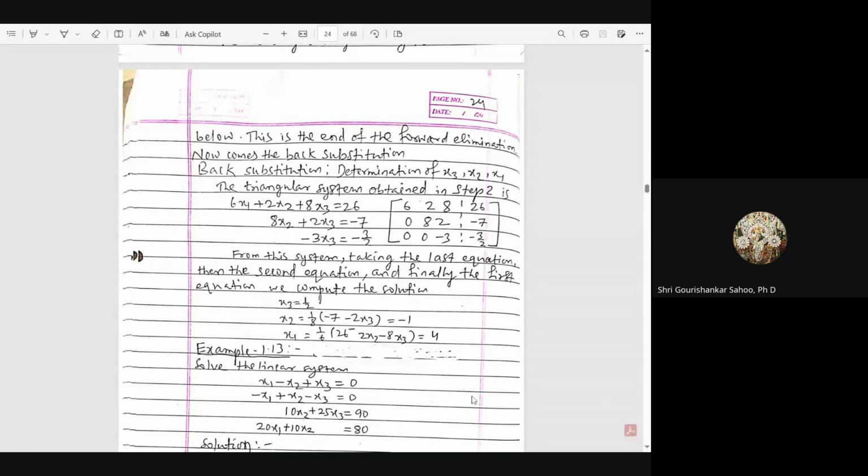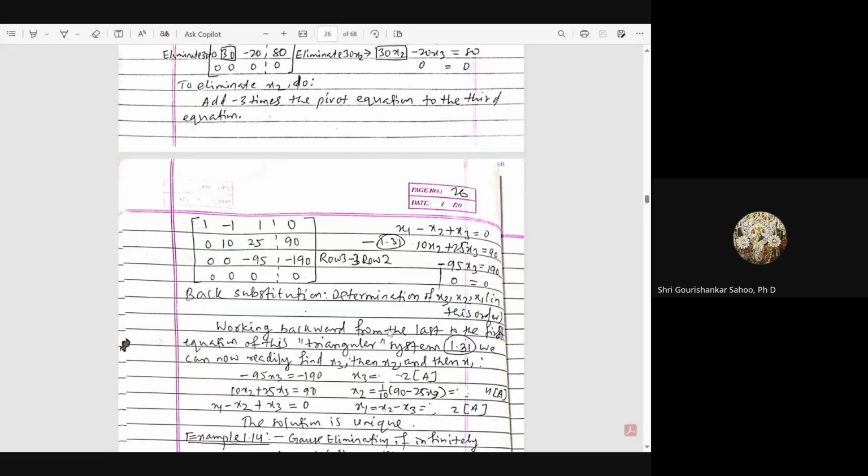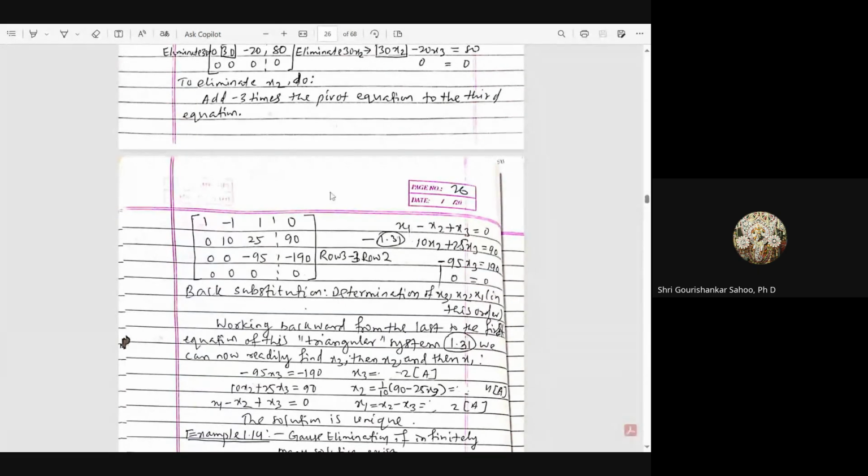Similarly, you can solve linear equations as shown on the screen: x1 minus x2 plus x3 is equal to 0, minus x1 plus x2 minus x3 is equal to 0, 10x2 plus 25x3 is equal to 90, 20x1 plus 10x2 is equal to 80. You eliminate the elements in the rows and make it triangular form, and you can solve it. This is the triangular form matrix.